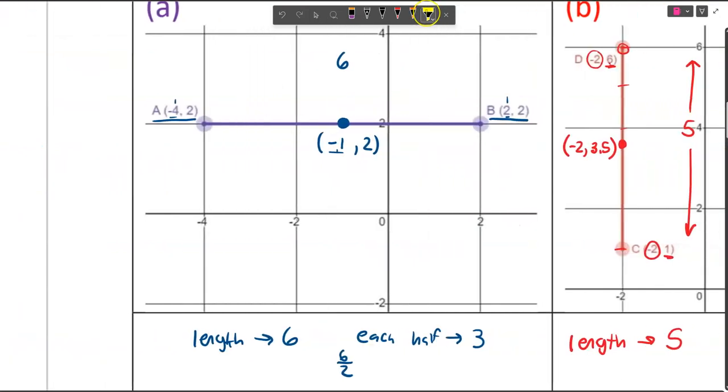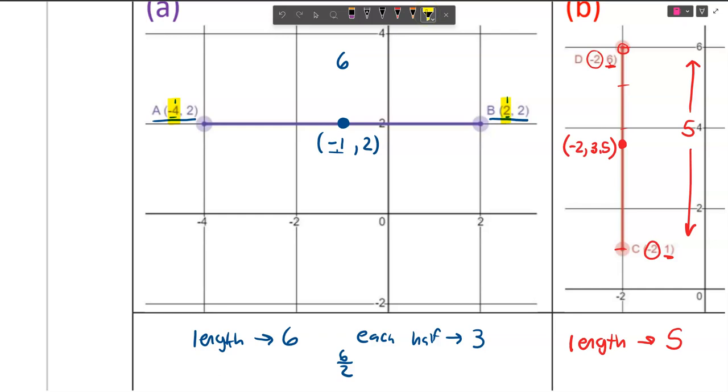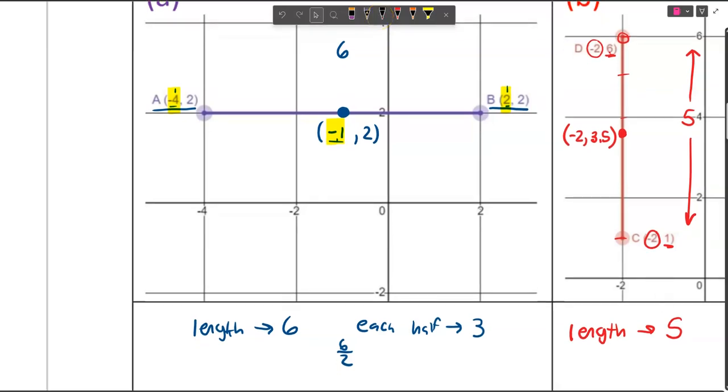The coordinate -4 and the coordinate 2, when we added those two numbers together, we got -2. And if you take -2 and divide it by 2, you get -1. Essentially, what happened here, if you didn't see it, is that we found the average.